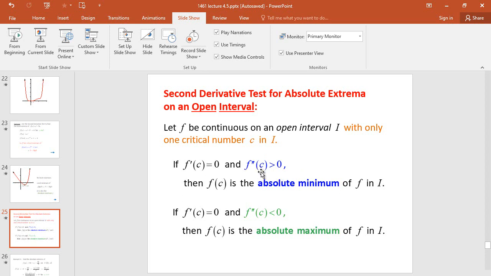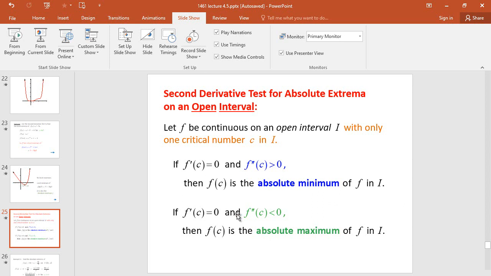Well, if the absolute minimum occurs at another point, then at that point we will have a local minimum as well, which would mean that we have another critical point, but that's not the case. We have exactly one critical point.